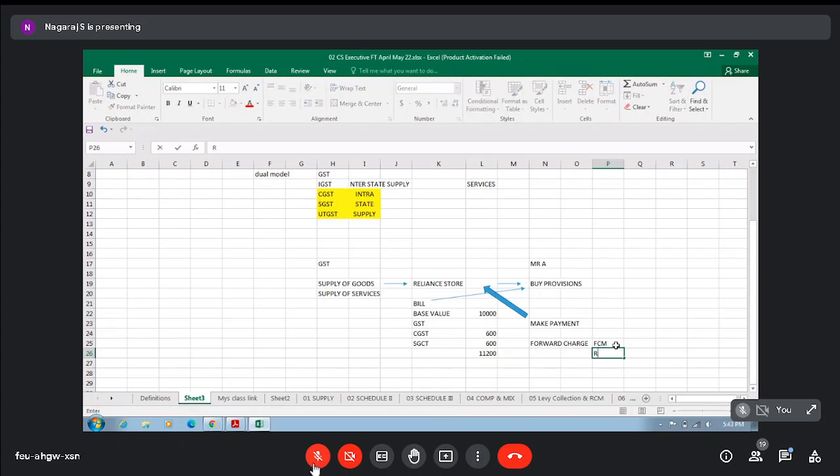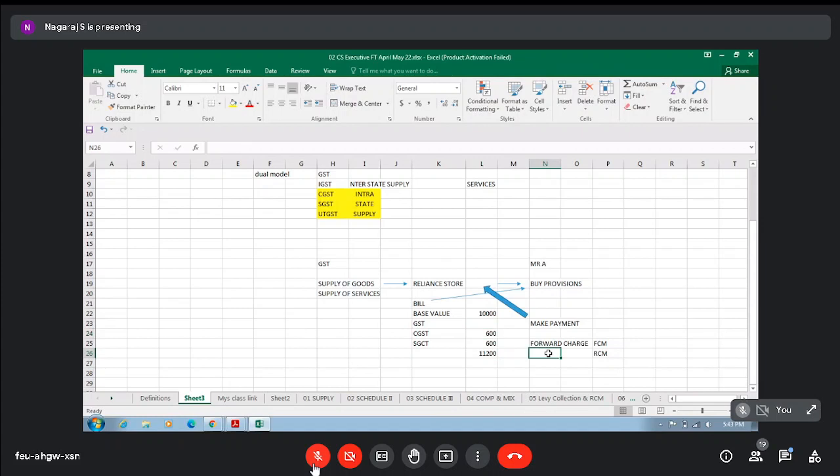There is another concept called RCM, reverse charge mechanism. In reverse charge mechanism, whenever anyone supplies goods or services to any person, the person who is receiving the goods or services will only pay the value of the service or goods, not the GST amount. Then the person who is receiving the goods or services will make the payment of this GST to the government.